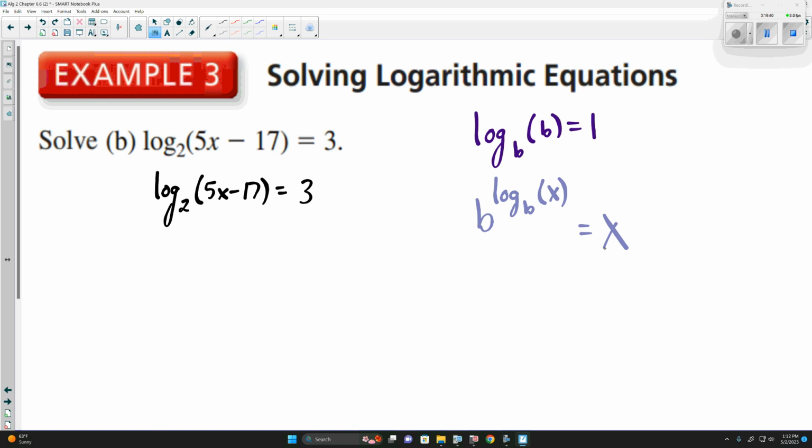So if we put a logarithm base to the base, so b to the log base b of x, the b and log base b simplify out, leaving us with what's inside the parentheses. So if I was going to use that here, what can we put both sides to the base of? 2.